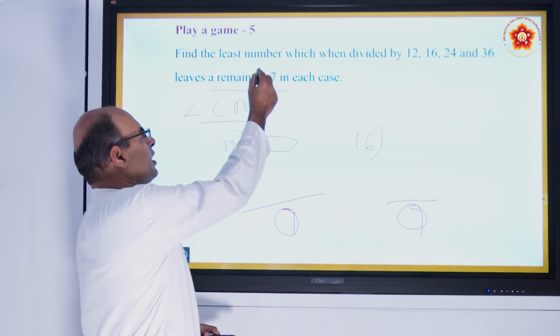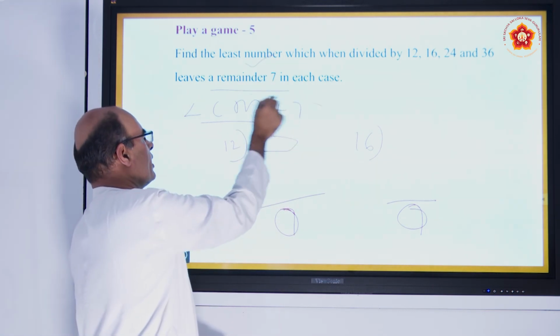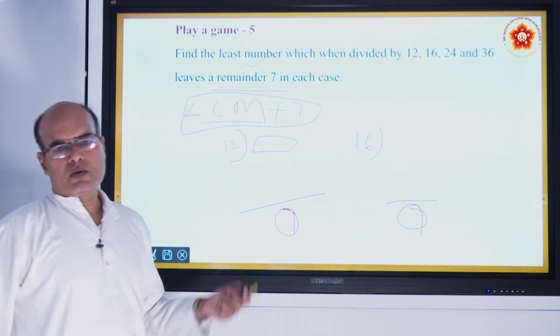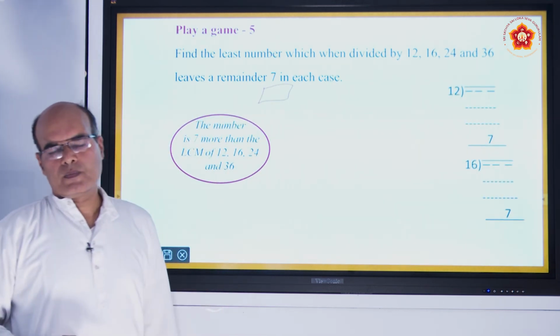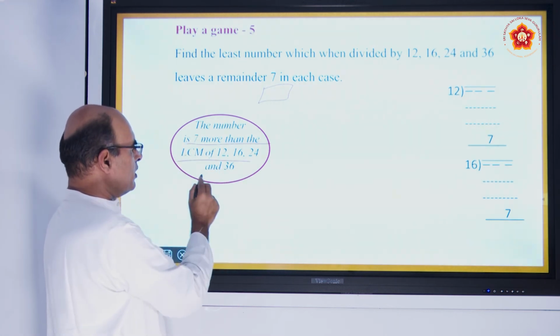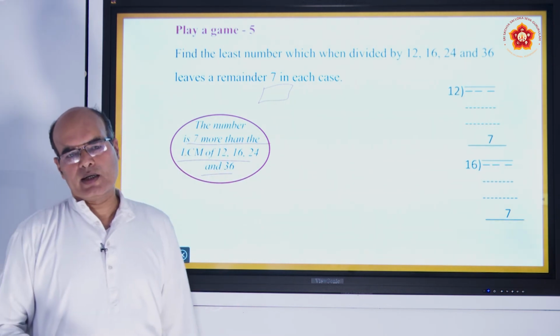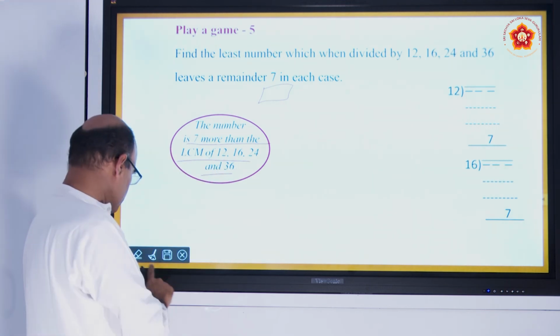So to get the answer for this question, if we add 7 to the LCM of those numbers, we get the answer. Our required answer is one which is 7 more than the LCM of 12, 16, 24 and 36. So let us find the LCM for these numbers.